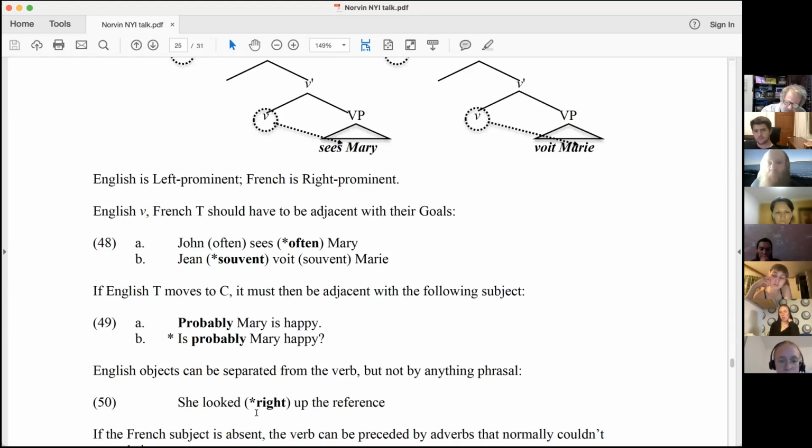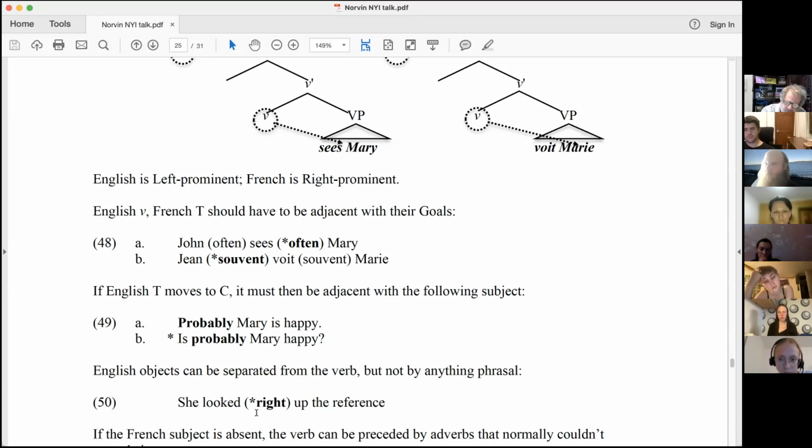So if English T moves into C, like in a question, it needs to be adjacent to the following subject. There can be adverbs at the beginnings of sentences in English, things like probably Mary is happy, but you cannot do T to C across them. You cannot ask questions like, is probably Mary happy? This is out. And the star in 49b in this story is the same star as the star on often in 48a.